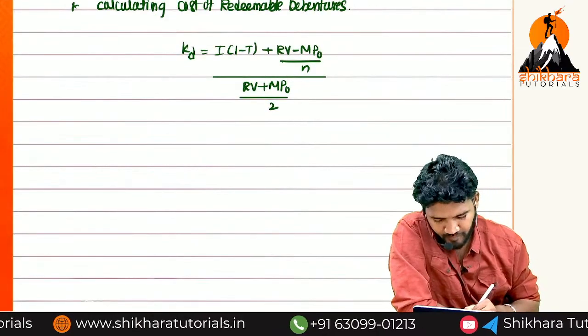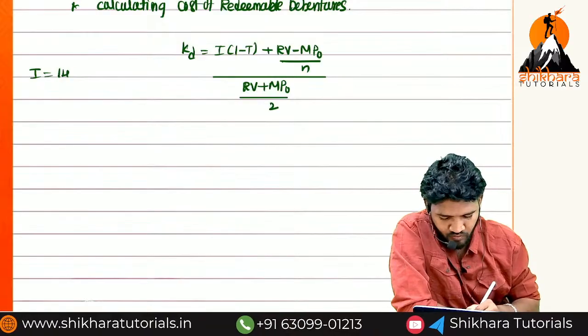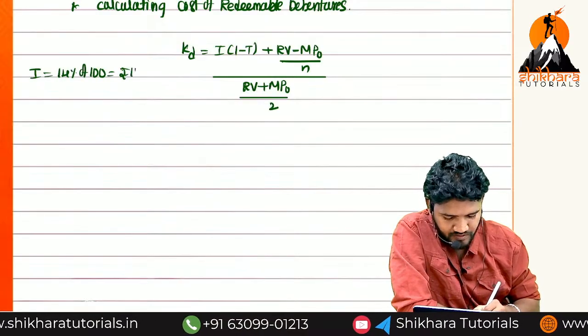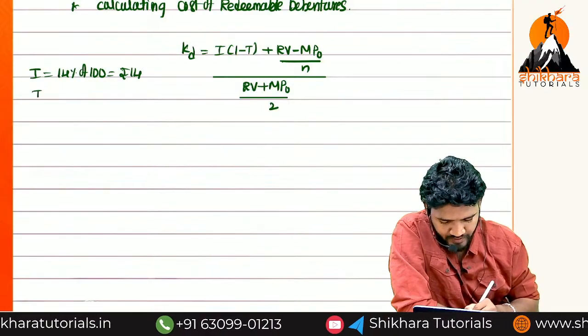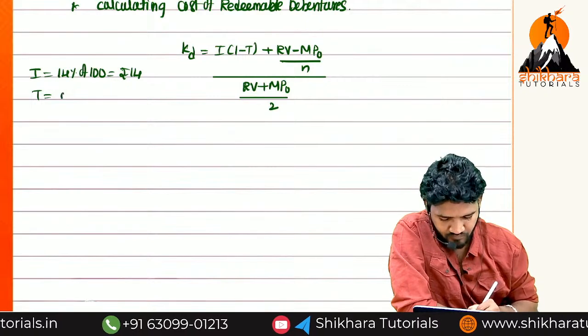Now procure the information. I represents interest. How much percentage? 14% of face value, 14 rupees. T represents tax rate given in the question paper, 50%, 0.5.